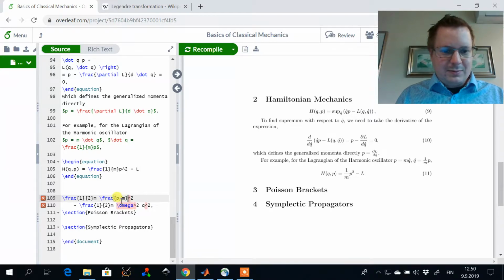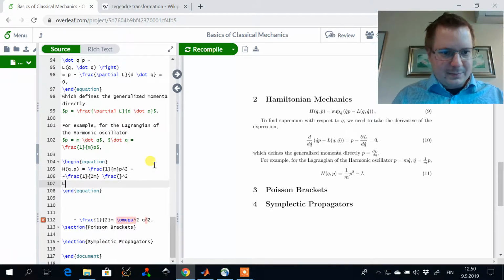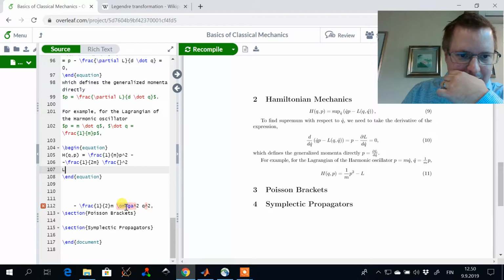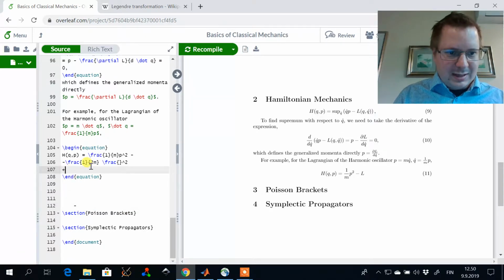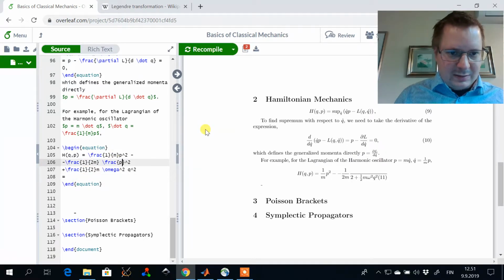So we have 1 over m squared and then m here, so we will end up subtracting 1/2 over m times p squared. And then we have here minus 1/2 omega q squared, and there's one more minus in this minus L, so it will end up as plus.